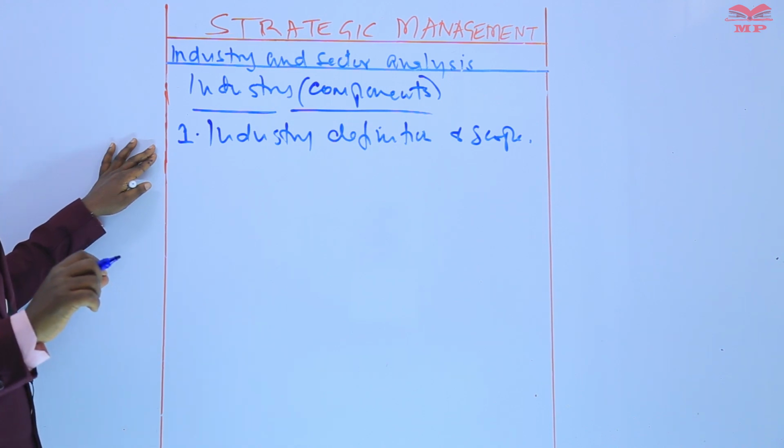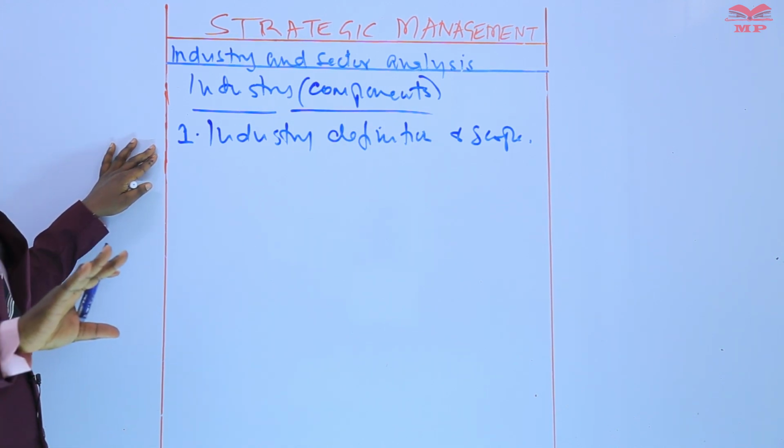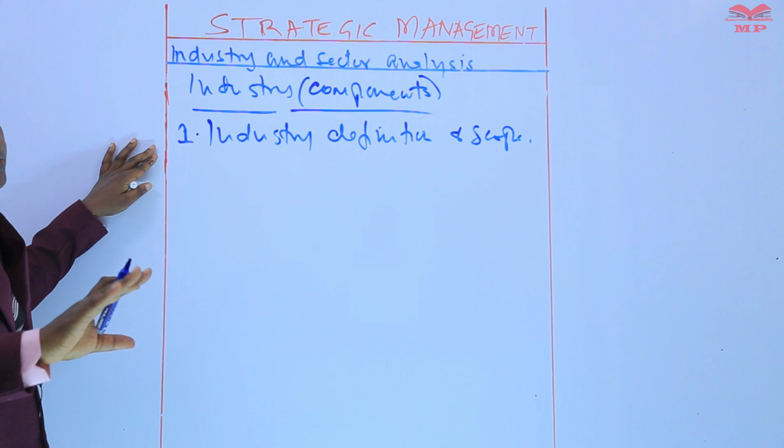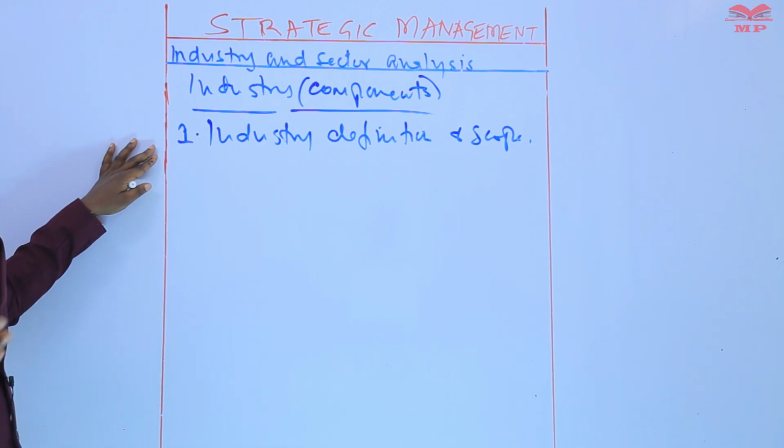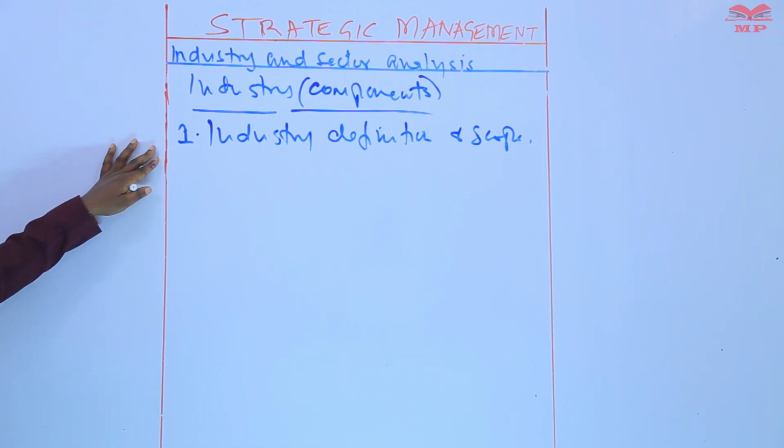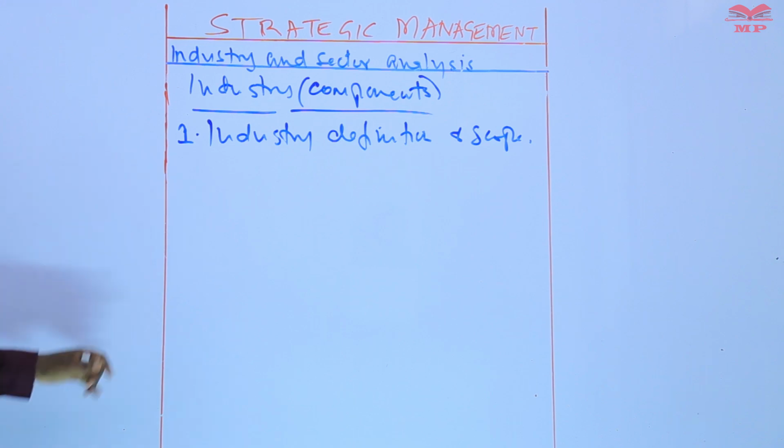Here, the company ought to clearly define the boundaries of the industry by identifying key players, products, services, and so on.